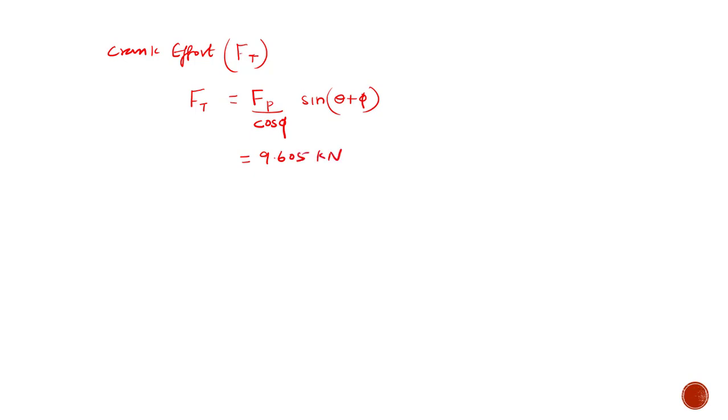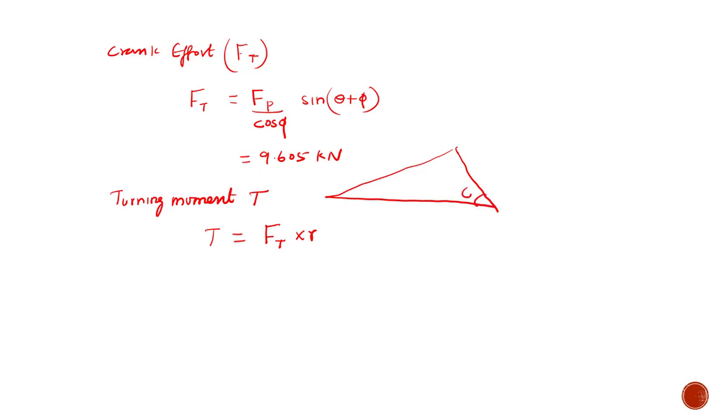Finally, we are going to calculate the turning moment, that is T. The simple relation is T is equal to Ft multiplied by R. If you take this as a crank, with the angle theta equal to 30 degrees, this Ft is going to act in this direction.